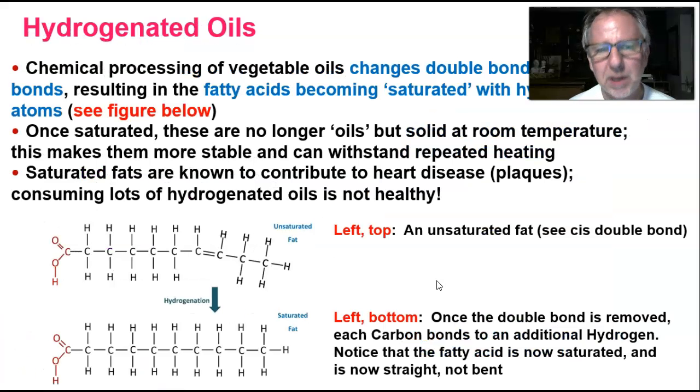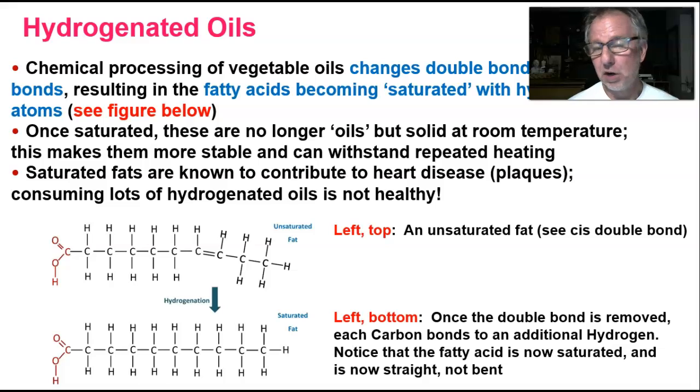All right, here I'm going to tell you about hydrogenated oils. If oils are hydrogenated, the process is called hydrogenation. And you can look at ingredients of many foods, or if you buy margarine in a supermarket, you will see listed in many foods hydrogenated fat.